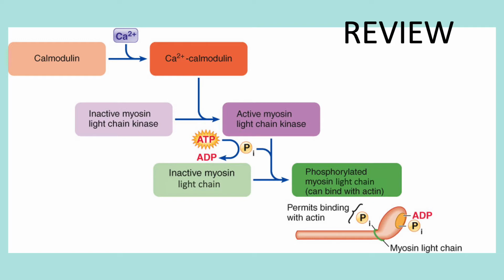Once the calcium is in the cell, it's going to bind calmodulin. That calcium-calmodulin complex activates the myosin light chain kinase, and that kinase is going to phosphorylate the myosin light chain, that little light green necklace around the neck of this myosin, okay? And then it can interact with the actin molecules in the thin filaments.